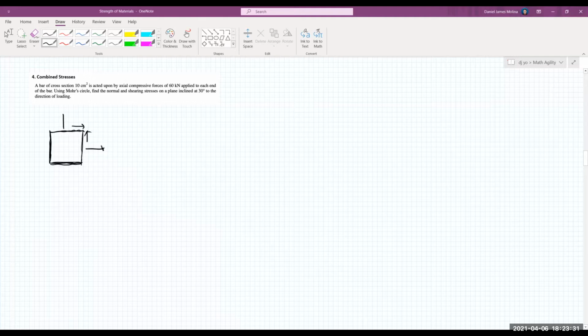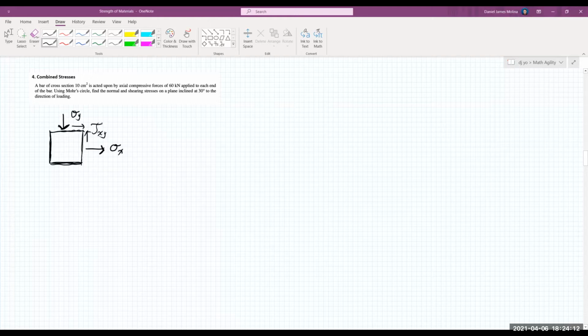Since at this portion we have a horizontal stress, we have sigma x, since it's parallel to the x-axis, and then at the vertical part we have sigma y. Since we have an axial compressive force, we will also have an axial compressive stress, so it will be pointed towards the element. And of course, we have a shear stress here.